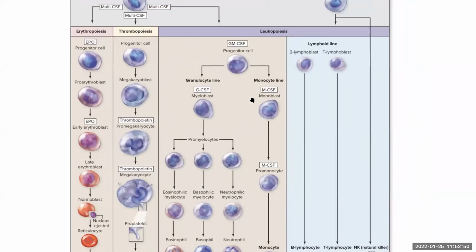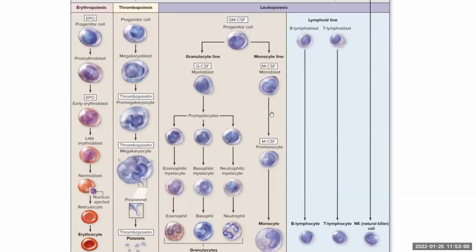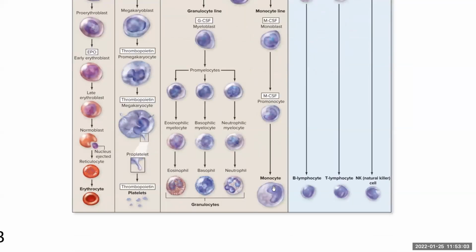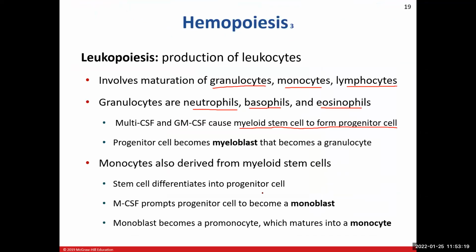Meanwhile, a specific colony stimulating factor will guide our progenitor cell towards the monocyte line. Then our monoblast will turn into a monocyte, which eventually transforms into a macrophage. A monocyte is a macrophage in circulation. It hasn't turned into the macrophage yet; it's just circulating around. It'll eventually become a macrophage when it arrives at its destination somewhere in the tissue.